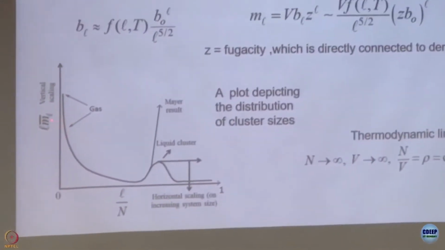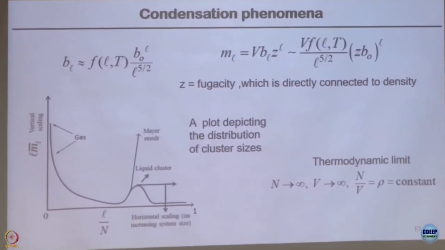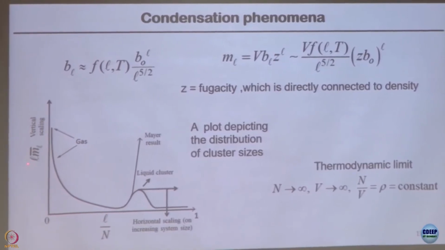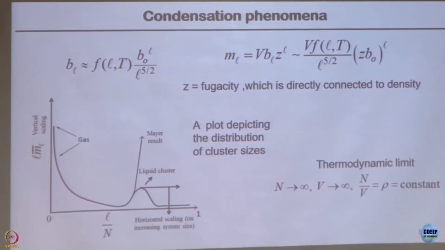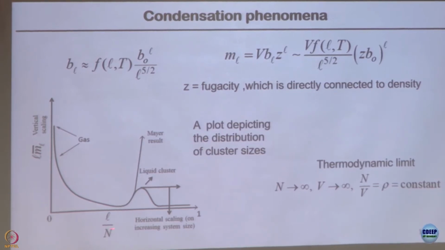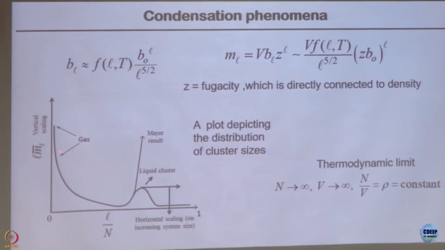Again I repeat, M_L is the number of clusters of size L, and L·M_L is the number of particles in those clusters. For L equal to small, L/N very small, those are the gas, the small clusters.